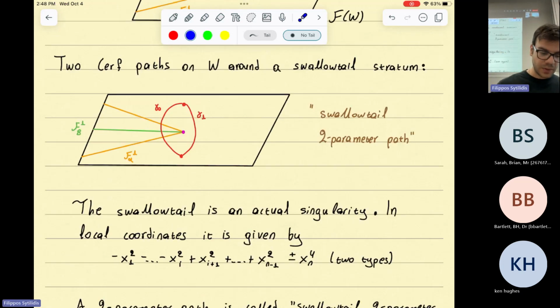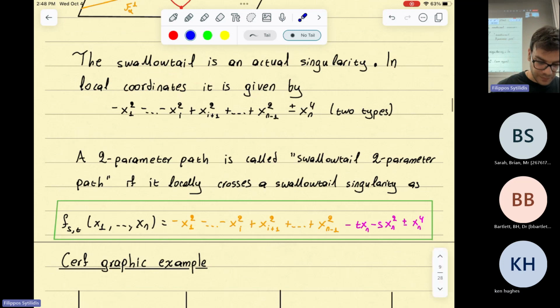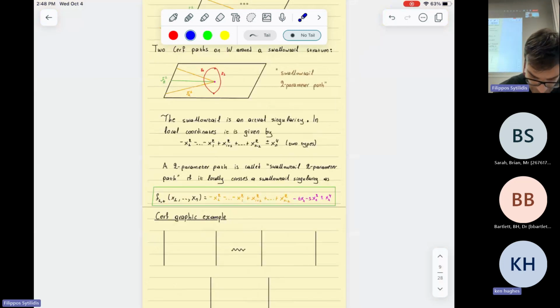And again, we will have two paths that I'm drawing here, this gamma 0 going around this side of the swallowtail, and then this gamma 1.